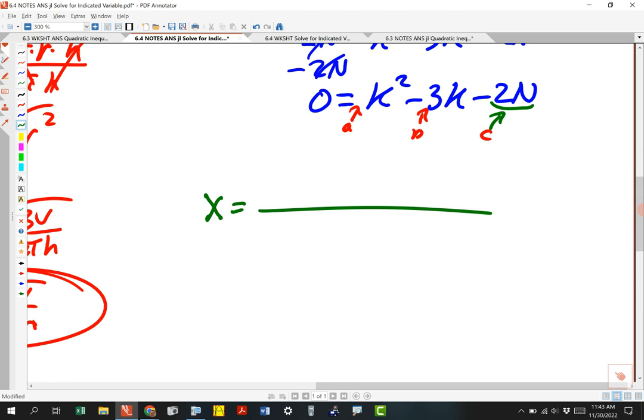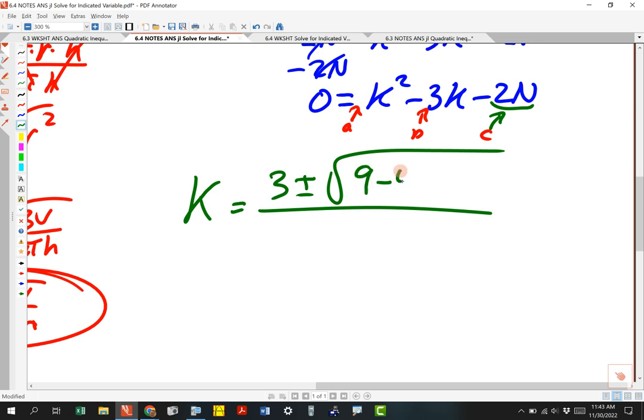Here we go. So in this case, it's not x equals, it's going to be k equals. Negative b, or opposite b, so that's going to be a 3, plus or minus a big square root, b squared, which is 9, and then I always write down this part, minus 4 times a times c.